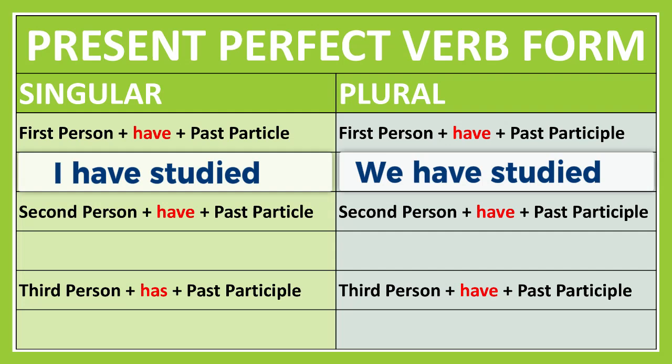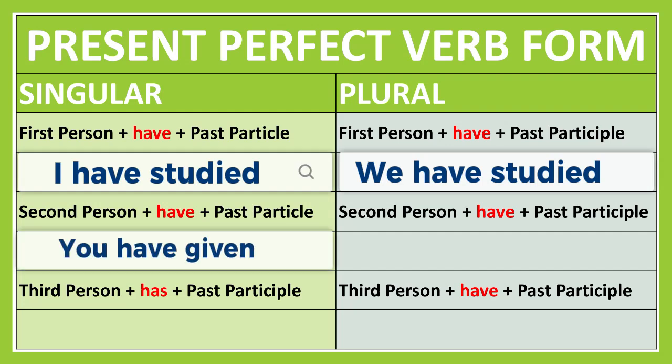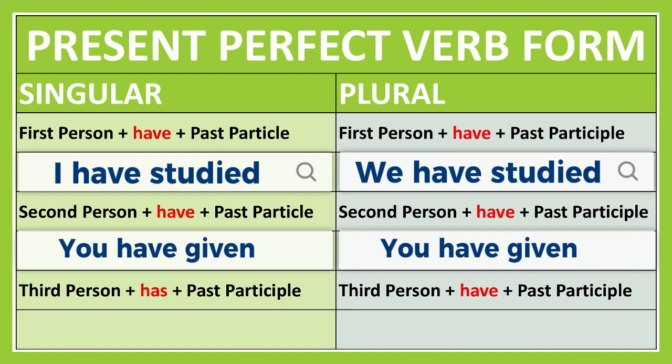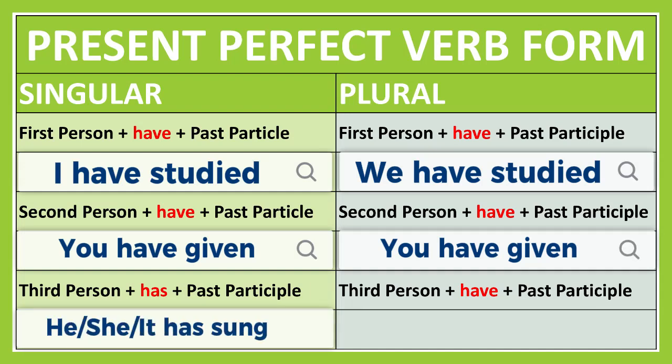Second person singular, you have given. Second person plural, you have given. For the third person, use the verb sing. Third person singular, he, she, or it has sung. Third person plural, they have sung.